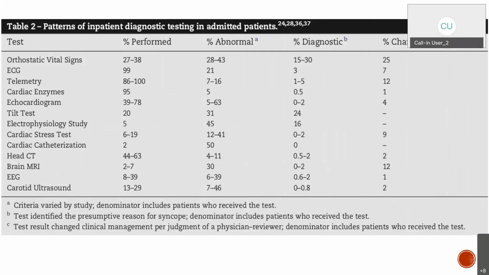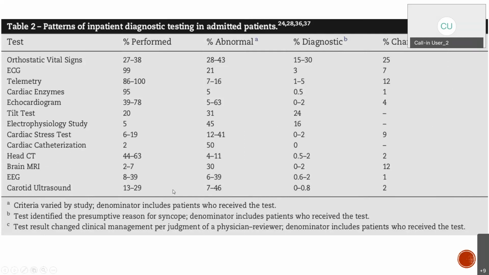This is a study that was done back in 2013 and published in, I think, one of the neurological journals. The point being: what do we order in someone that comes in with syncope, and how does it affect our management? As you can tell, people are ordering a ton of things, whether in the emergency room or on the inpatient side, from MRIs to stress tests to EP studies and CTs.